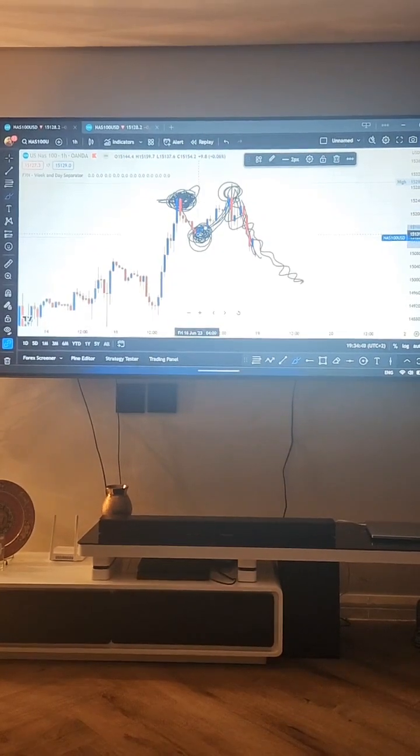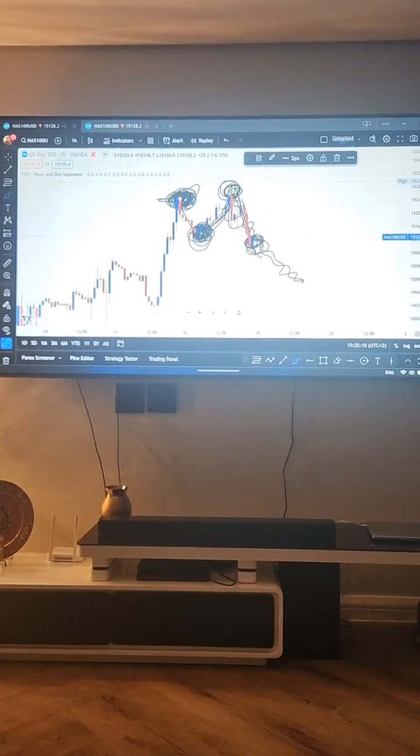This creates money in the market that's just waiting to get taken. So they come in, they take it, they come down, they take it. Now we've taken the sell side liquidity and we've also taken the buy side liquidity.